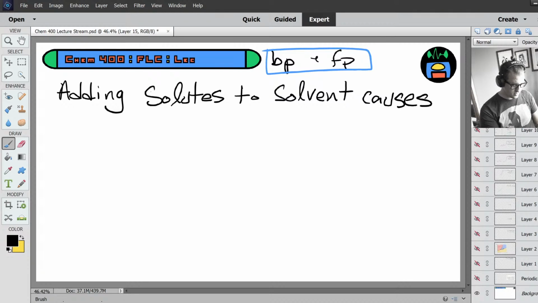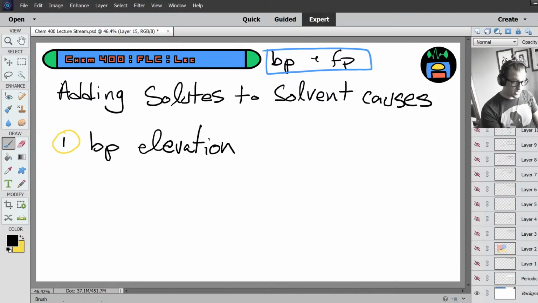Adding solutes to solvents causes, well, these happen simultaneously, but we're listing them, boiling point elevation. So the boiling point of the solution rises; it's greater than the boiling point of the solvent. And the second thing it causes is freezing point depression.